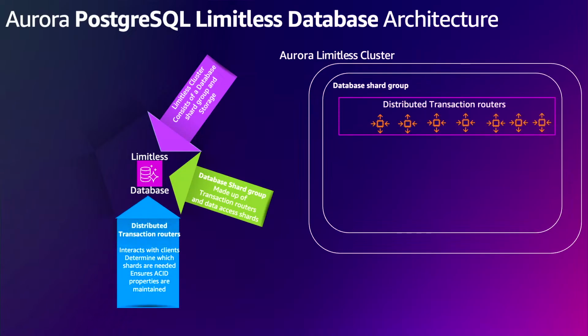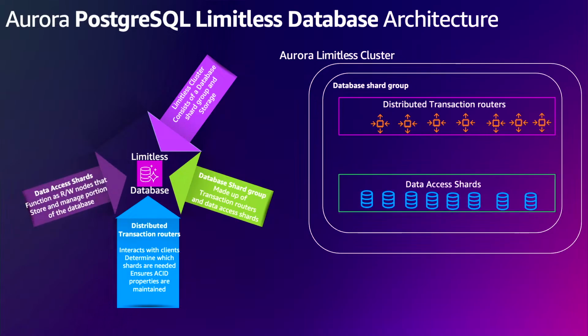So the distributed transaction routers, or routers, depending on where you're coming from, interact with the clients and determine how to route the data to the appropriate shards. Now, one thing which is important: the ACID capabilities that you normally find in databases are maintained. So that's a very big plus.